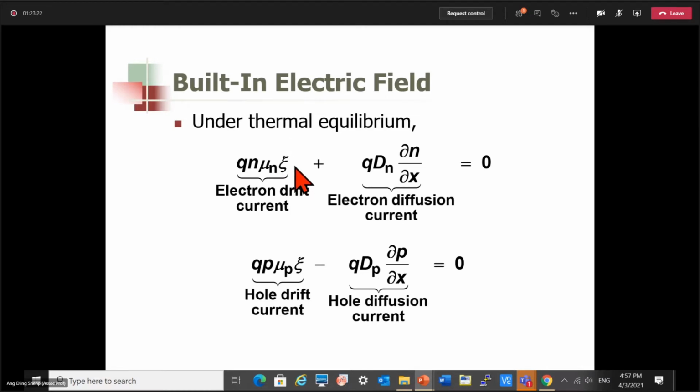However, usually we are not able to very precisely obtain an equation that describes how the electron or hole concentration varies across the PN junction. So this equation is only useful conceptually. Later on, I will show you how to go about getting a mathematical expression that will quantify the built-in field across the PN junction, which is what I'm going to do next.